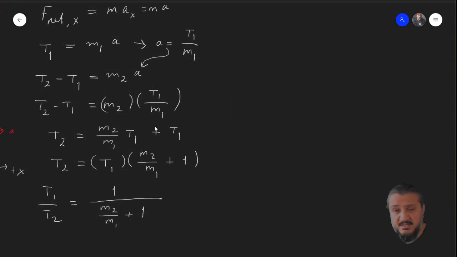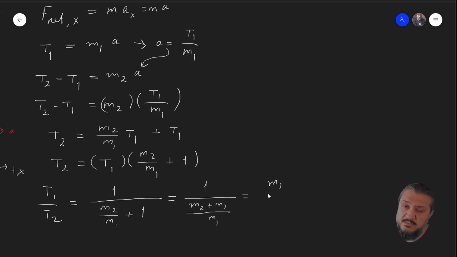Or if you want to make it look different, you can equate the denominators on the right-hand side. So this will give you M2 plus M1 divided by M1. In other words, M1 divided by M2 plus M1.